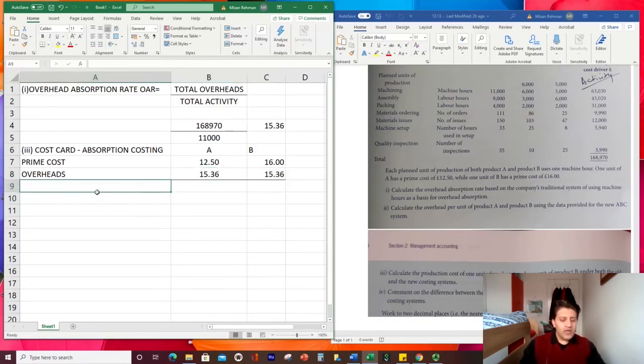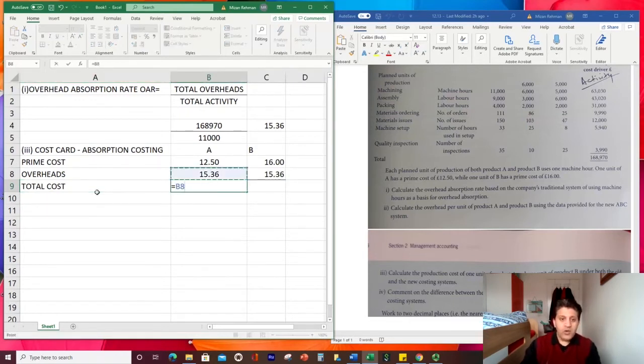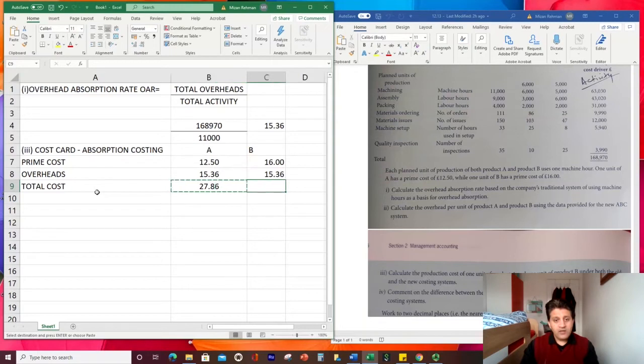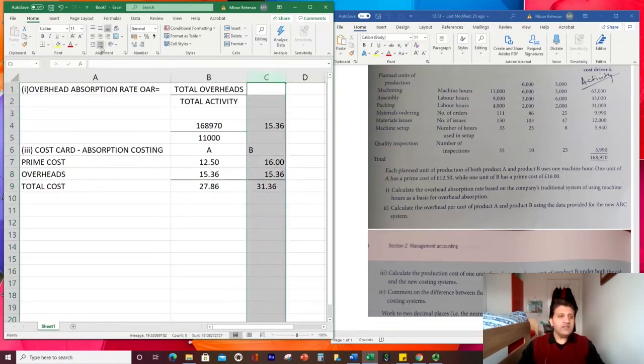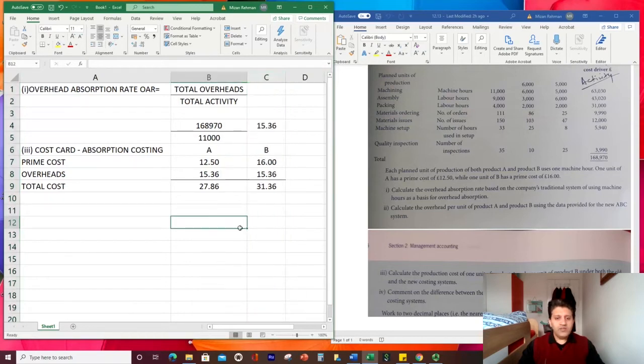And we have the total cost under absorption costing, which would be overheads plus prime cost, 27.86 for A, and the same formula copied to the next cell, and that is 31.36.